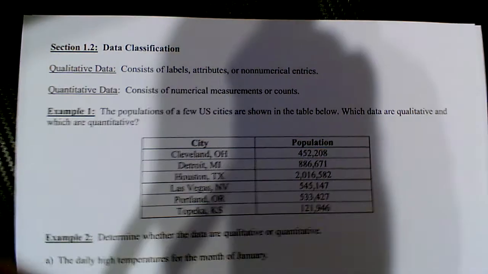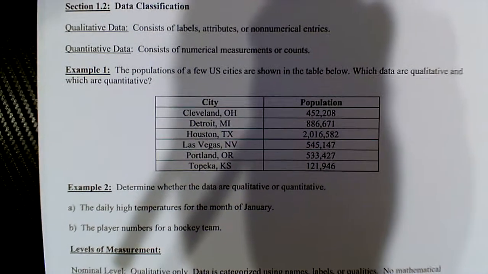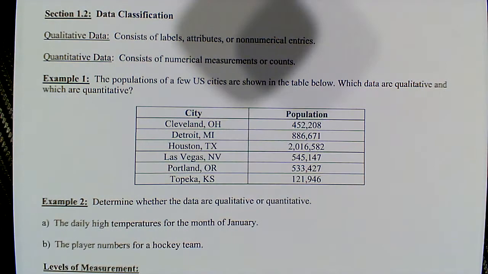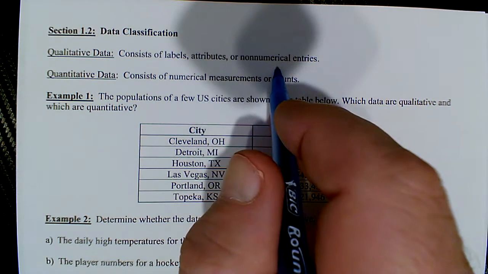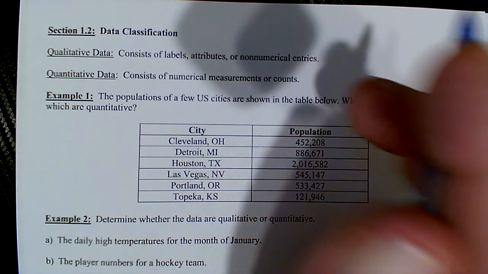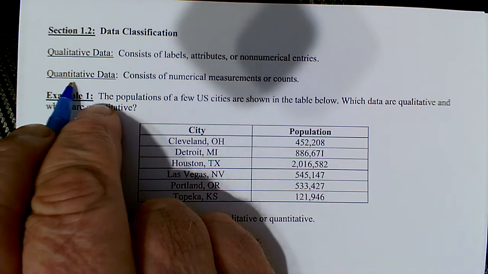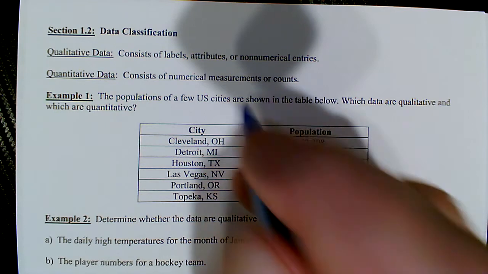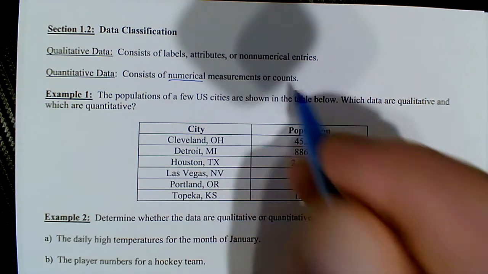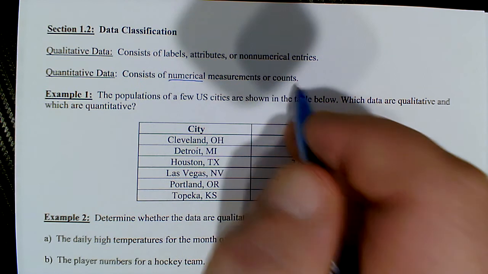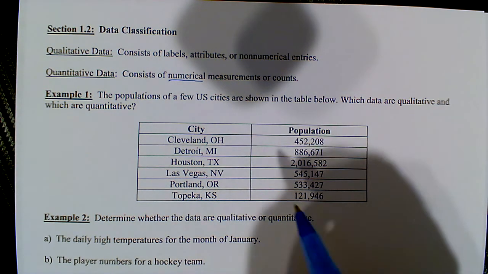And qualitative data are basically just, as mentioned here, labels, attributes, non-numerical. Whereas quantitative, think of quantity, of course, that's when we think of numerical entries, measurements or counts.